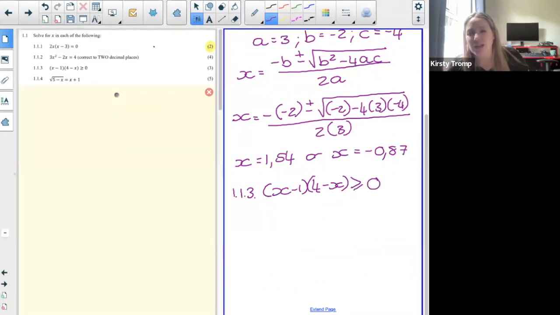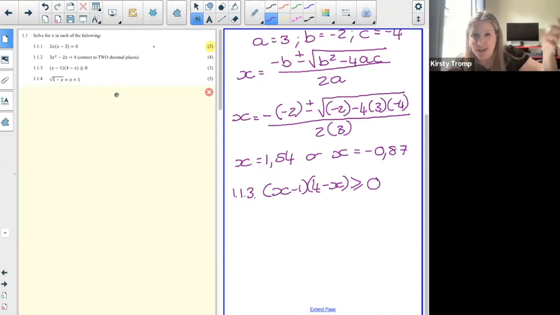Now, what that actually is, if we take that out of the brackets, that's actually a parabola. It would give us x squared, what would that be? Something like minus 5x minus 4, something like that.